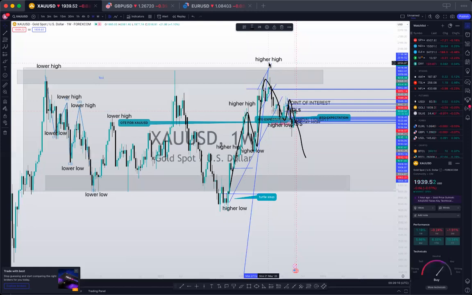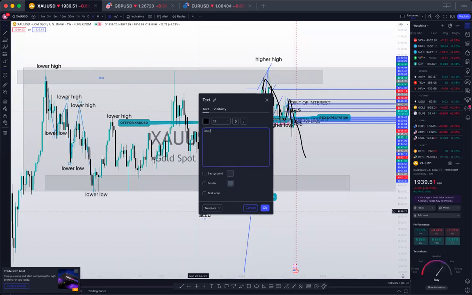So now, let's talk about the validation to know if there may be a reversal. I'm still talking about price delivery now. So what actually happens is accumulation first, that is, the consolidation, then followed by manipulation.